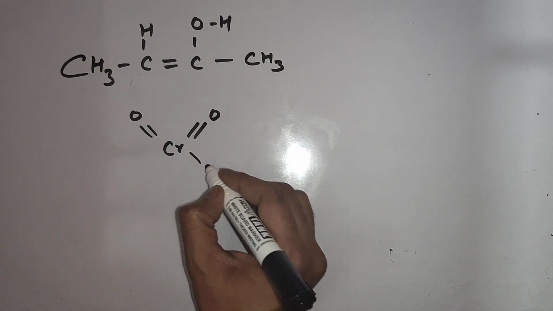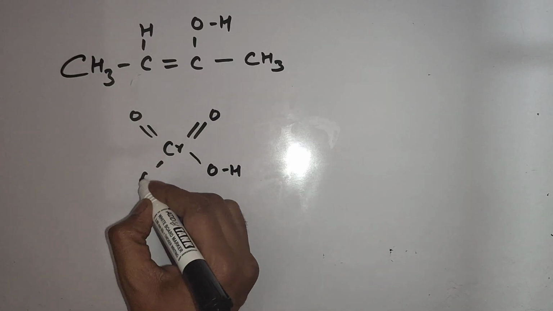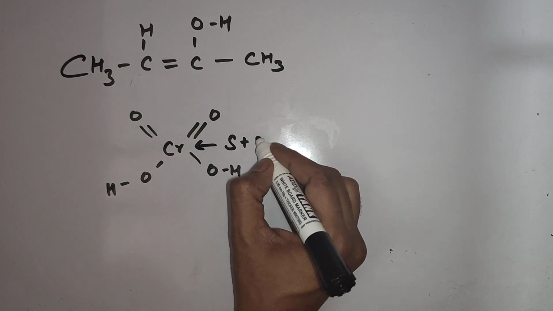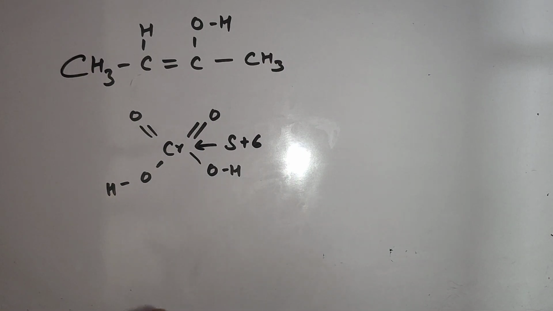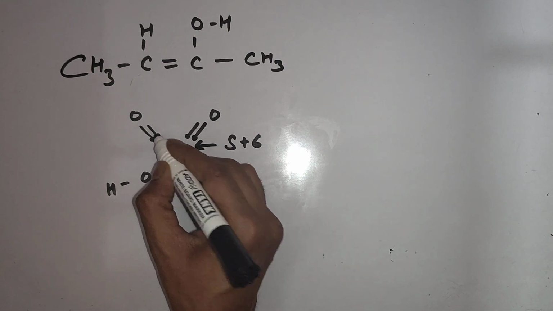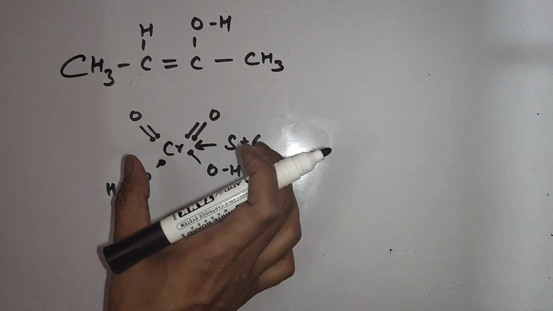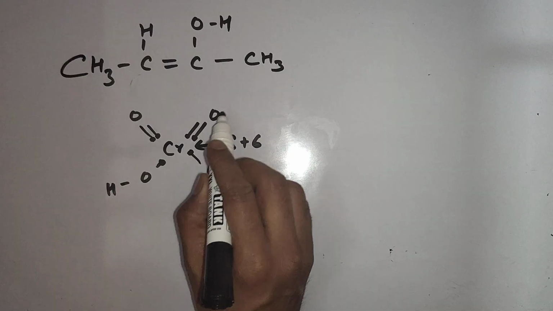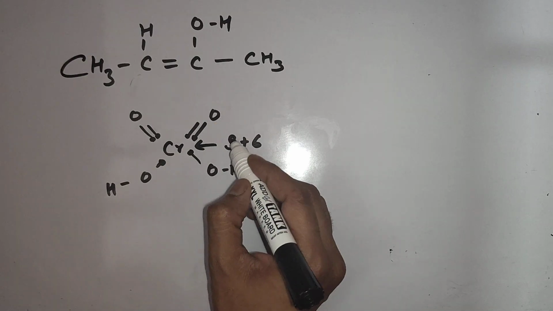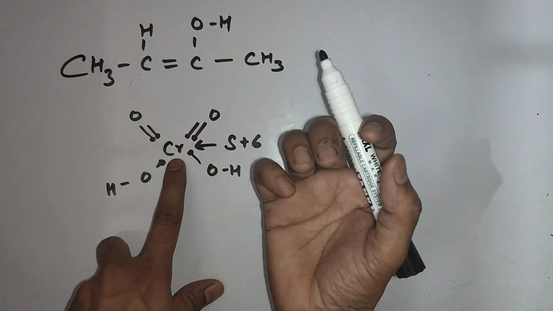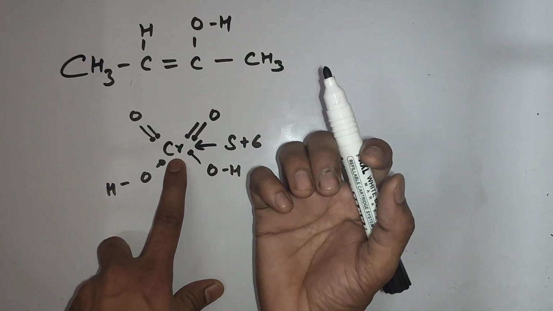Now how it is going to be oxidized by chromic acid, please check. As we know, this is the condition of chromic acid, in which chromium has a strong +6 charge due to sharing of 6 electrons with these strong electron attracting atoms, oxygen. 6 electrons it is transferring toward oxygen, that's why it is carrying +6 charge. It means it has a tendency to attract electrons, so chromium is working as an electrophile.